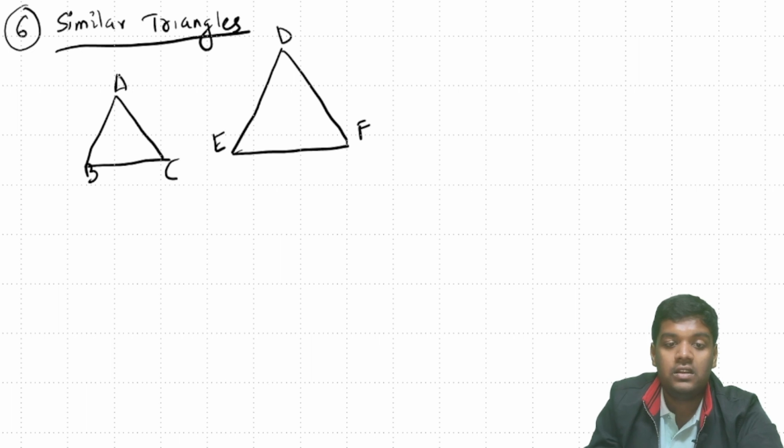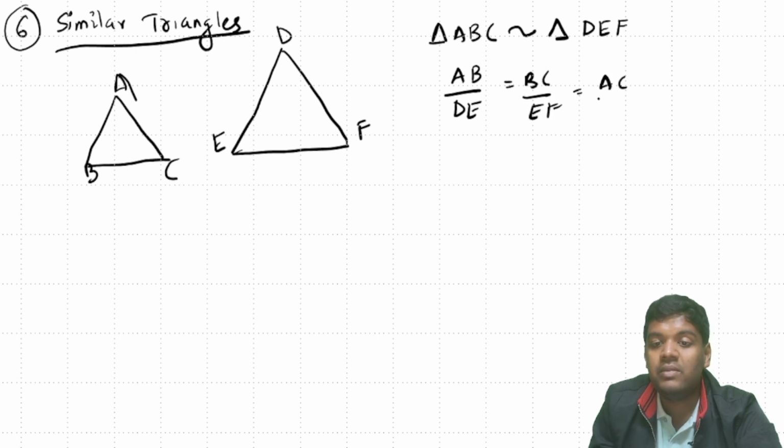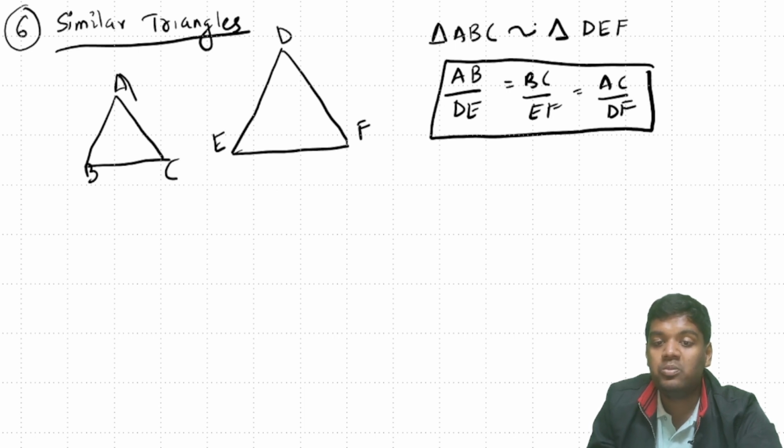So if I say triangle ABC is similar to triangle DEF, then I imply here AB by DE equals BC by EF equals AC by DF. Means the corresponding sides are proportional to each other. This is the sign used for similar triangles.